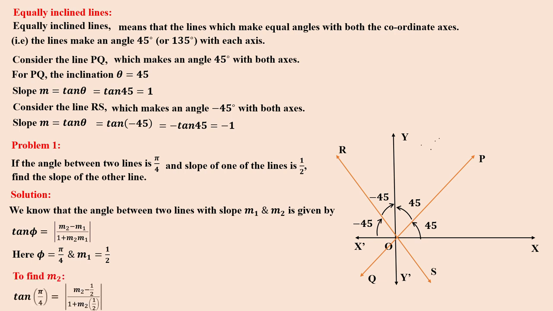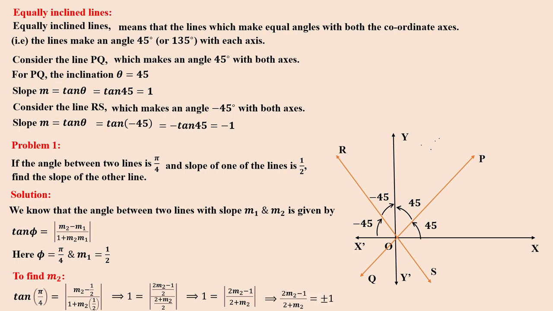So tan pi by 4, substituting the values, is equal to m2 minus 1 by 2 over 1 plus m2 into 1 by 2. Tan pi by 4, that is tan 45 degrees, is 1. Taking LCM in the numerator, 2m2 minus 1 by 2. In the denominator, LCM, 2 plus m2 by 2. The 2 and 2 get cancelled, so you will get 1 equal to 2m2 minus 1 by 2 plus m2.